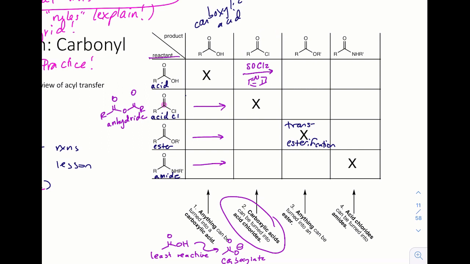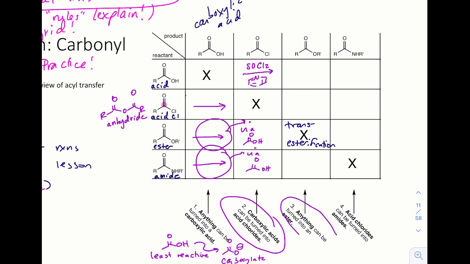Because only carboxylic acids can be converted into acid chlorides, both esters and amides, if they are to be converted to an acid chloride, must go via the carboxylic acid, meaning whatever you wrote here is going to be the first step in these boxes of the grid, right?